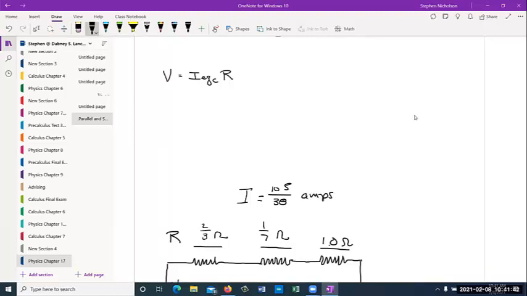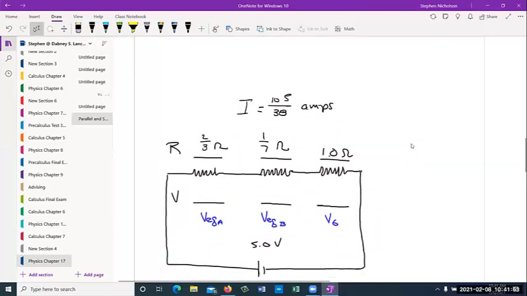So because we have current and we have resistance, we can use this form of Ohm's law to calculate the voltage drops across each one of these. And these 3 have to add up to 5 volts, or we've done something wrong. So let's do it over here. Let's call this A, I guess, right? Equivalent resistance A, this is equivalent resistance B.